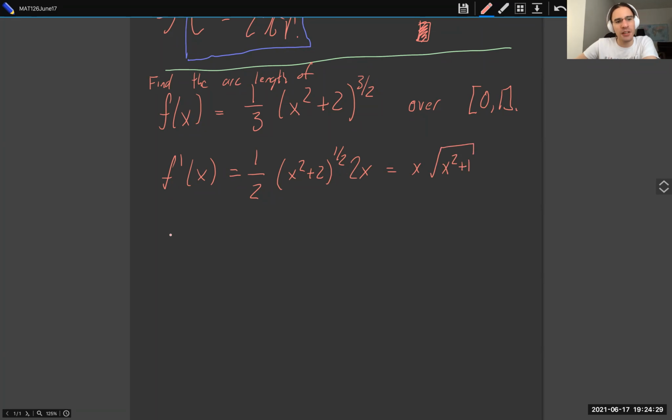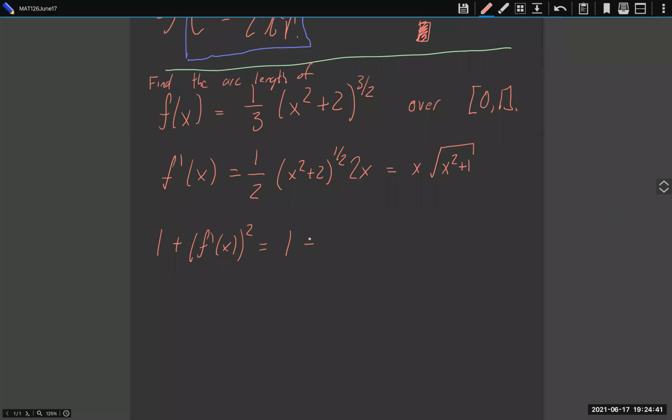That's the derivative. Okay, now let's consider the quantity 1 plus f prime of x squared. So I get 1 plus x squared times x squared plus 2, right? One second.